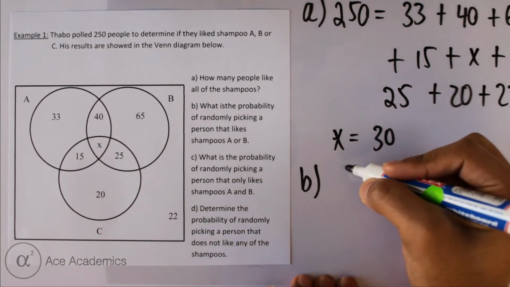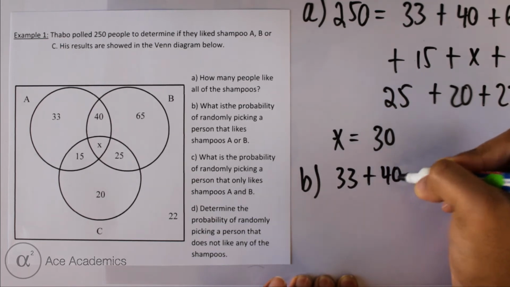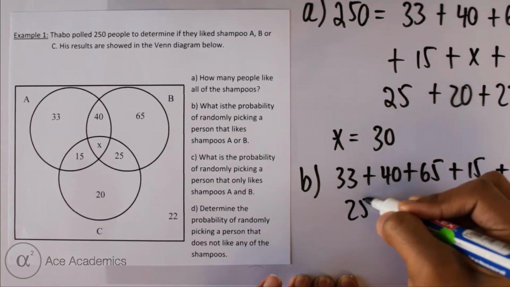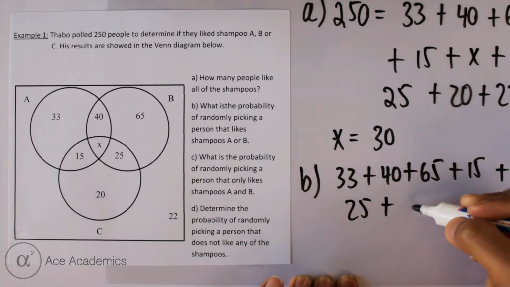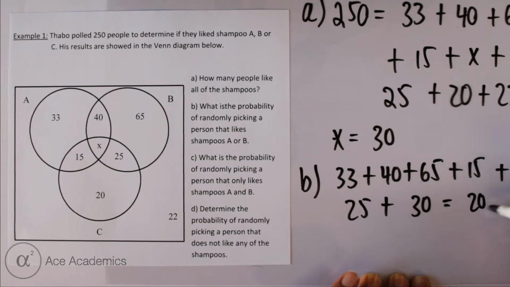So our probability is simply 33 plus 40 plus 65 plus 15 plus 25 plus our X, which we worked out in the previous question to be 30. So this is the total number of people that like shampoos A or B. Now we have to remember, this here is equal to 208.